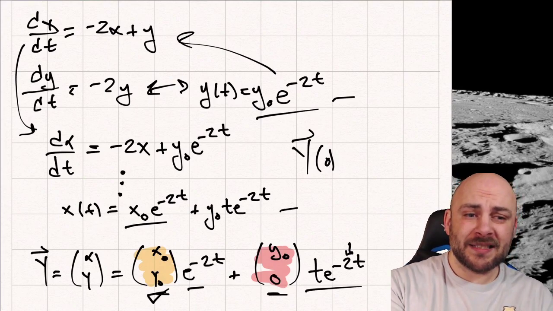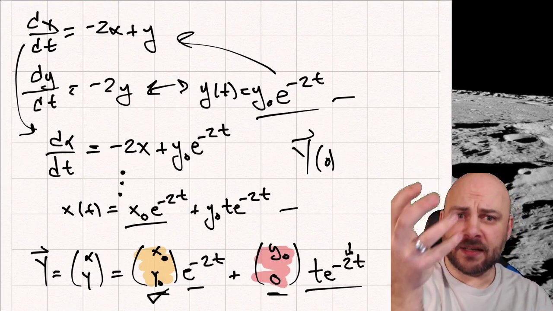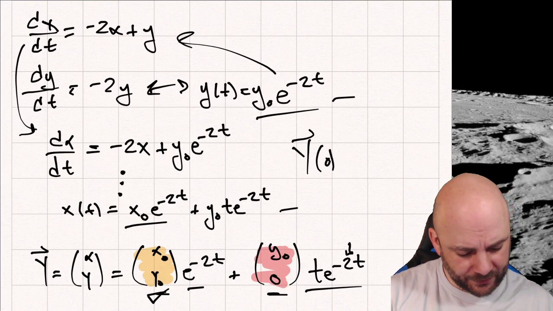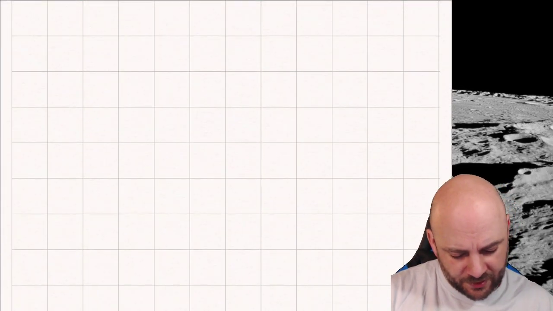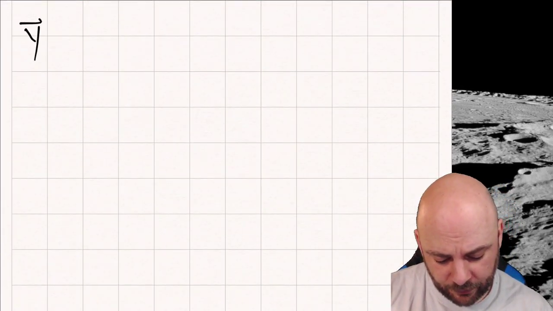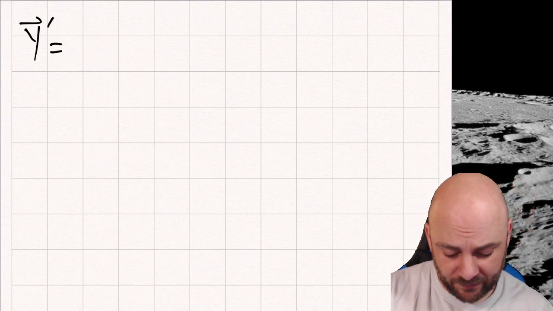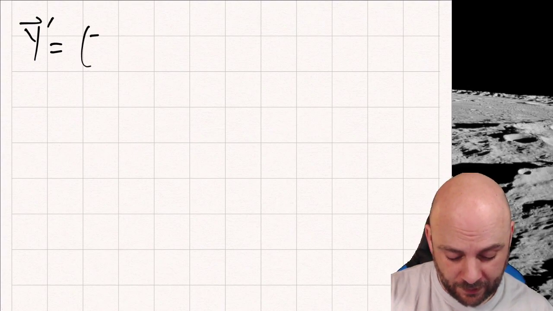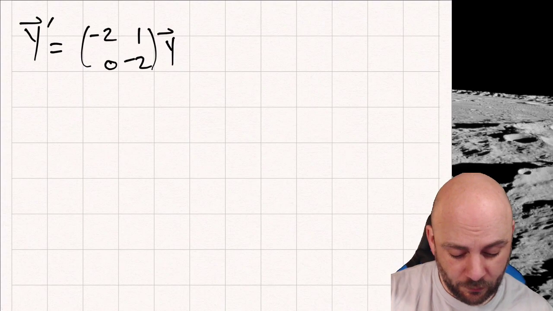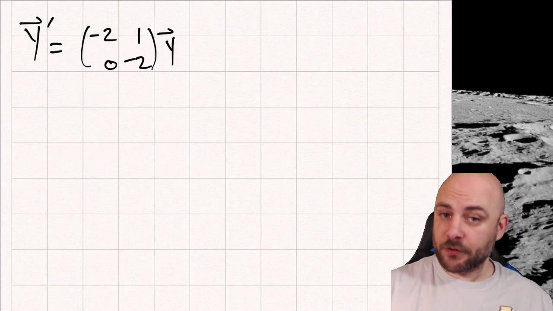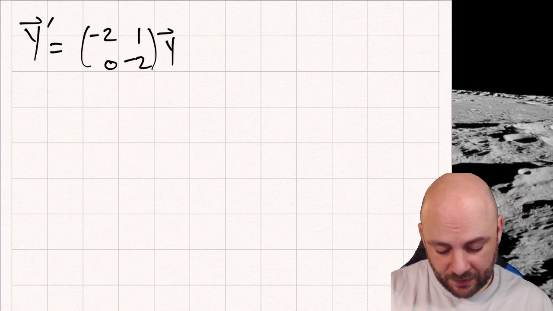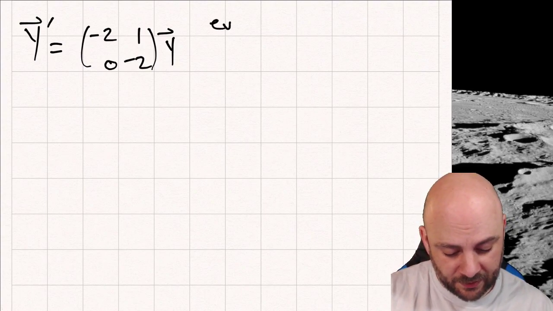So let's see how we can extract that in a more general setting here. While this is not the most general differential equation that will lead to a repeated eigenvalue, I think it's good enough for our purposes of just reusing the one we just had by writing it in matrix vector form. Our step one is always find eigenvalues.